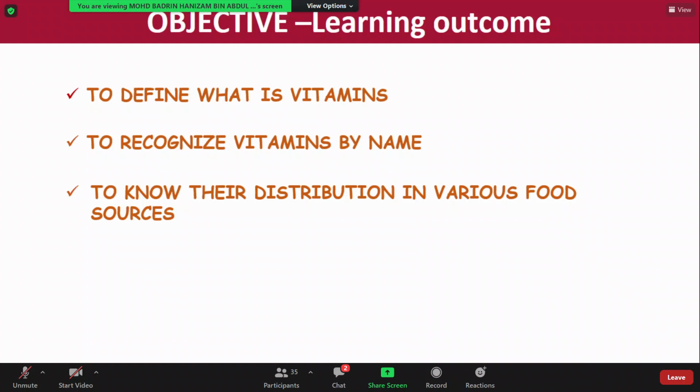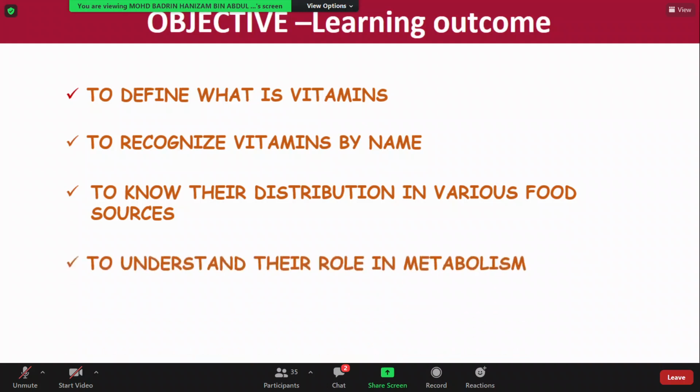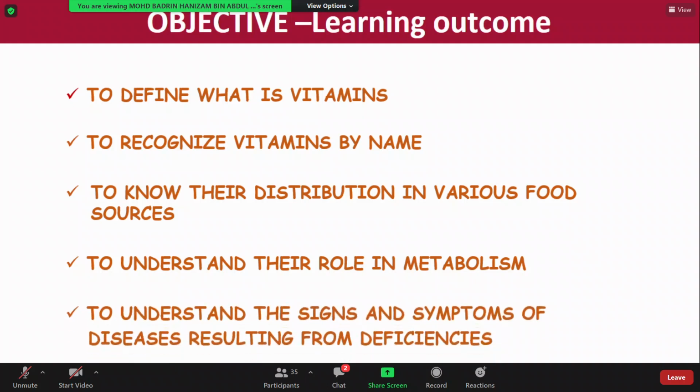So how do you get these vitamins from your diet? What type of food do you need to eat in order to get these vitamins into your body? And number 4, to understand their role in metabolism, the importance of the vitamin for our body, and to understand the signs and symptoms of diseases resulting from vitamin deficiencies.